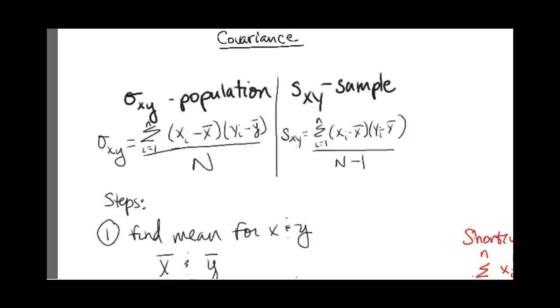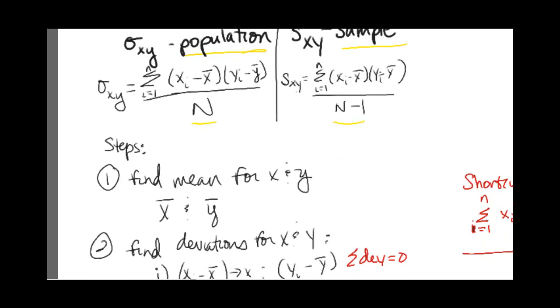We're going to look at a covariance example, just a quick run through the steps again. Depending on whether we're doing the population or the sample, these are the only two differences in the formula. Either way, you have to calculate both deviations and then add them up and divide.